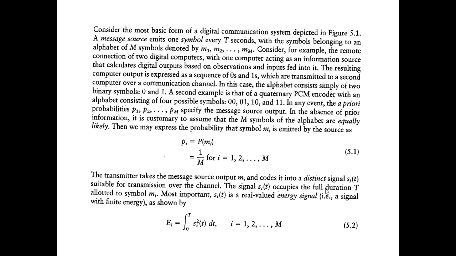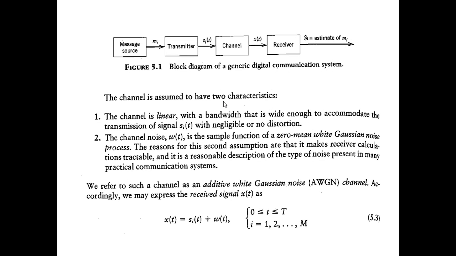The signal si(t) occupies the full duration allotted to the symbol mi. So si(t) is a real valued energy signal, as shown by Ei equals the integral from 0 to T of si squared(t) dt.